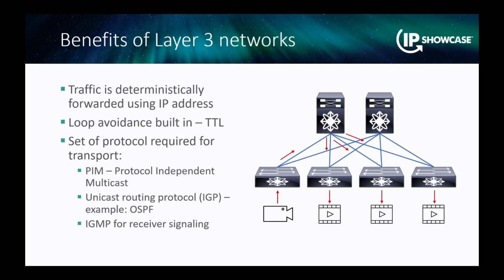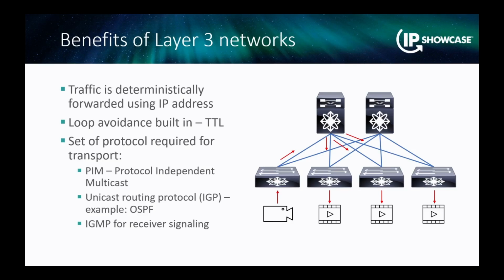So in this example, I have a camera on the bottom left, and that camera is sending information to all these 3 receivers. So I know I'm going to send it to the access switch, from the access switch to the spine switch, and then the spine switch will replicate to all of the leaves. And basically all those receivers, all those video screens, will receive that particular packet.